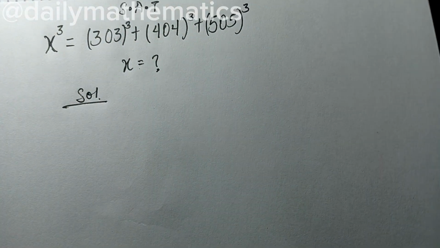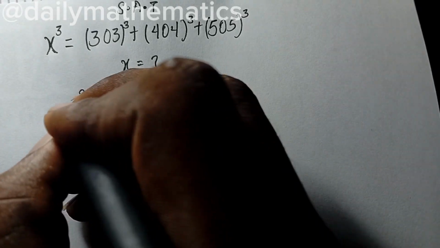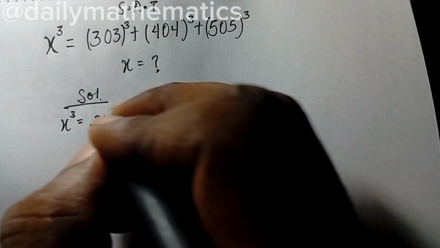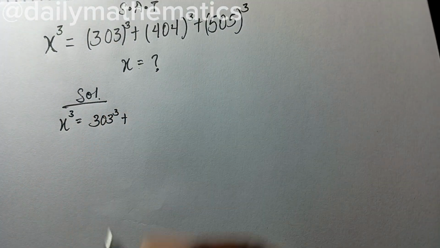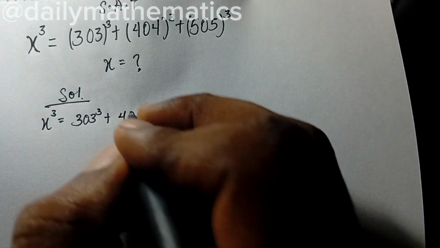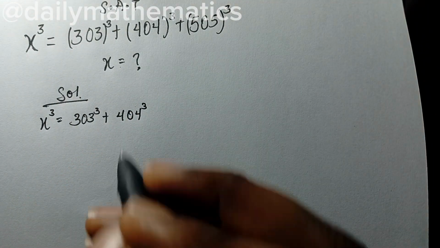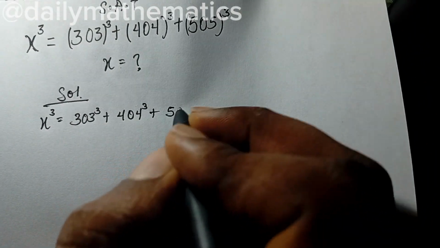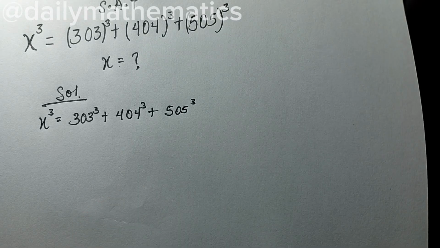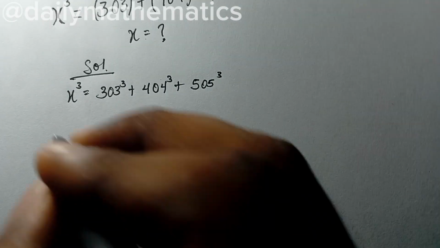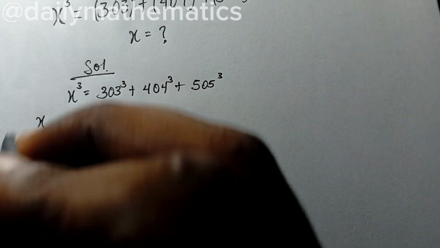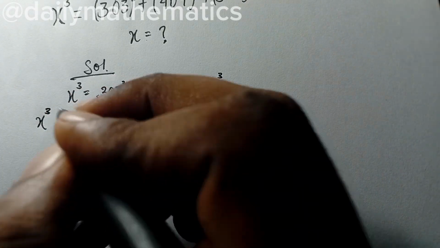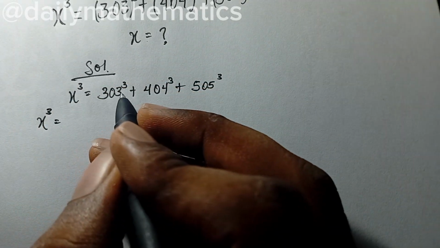Our solution: we have x raised to the power of 3 equals 303 cube plus 404 cube plus 505 cube.